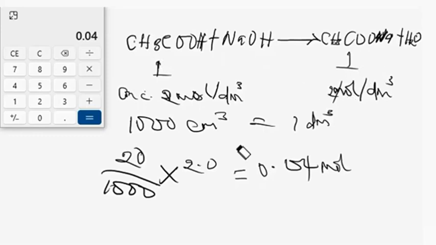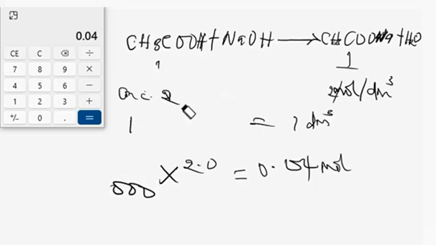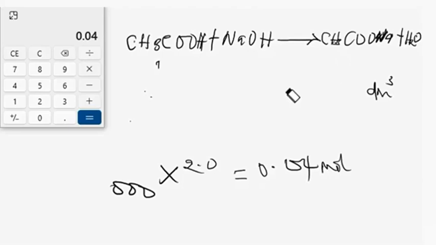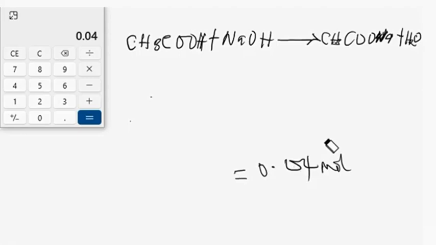So let's go ahead and wipe these top parts. So having gotten this, the next thing we want to get is the mass of the salt produced. Now we already know the number of moles of this salt, and we can get the mass of the salt produced when we are able to get the molar mass.